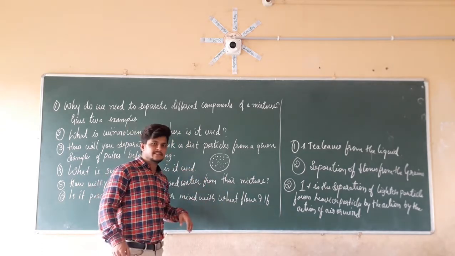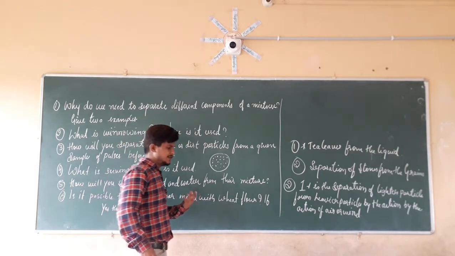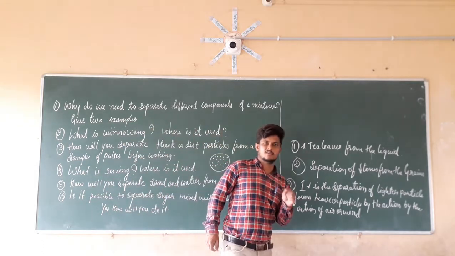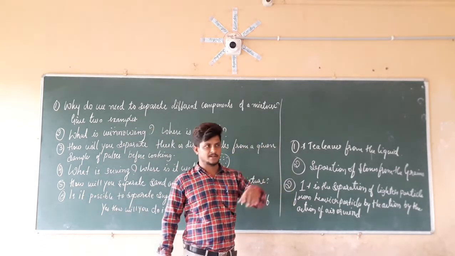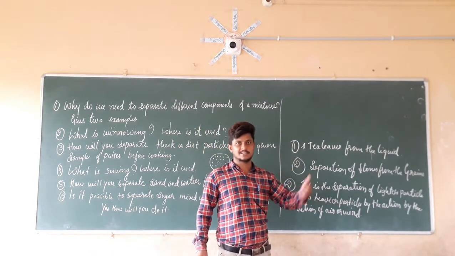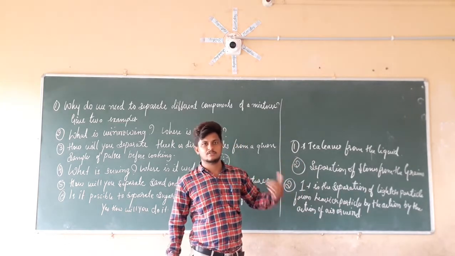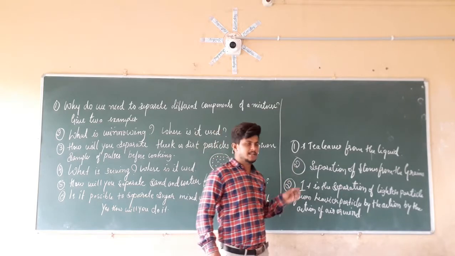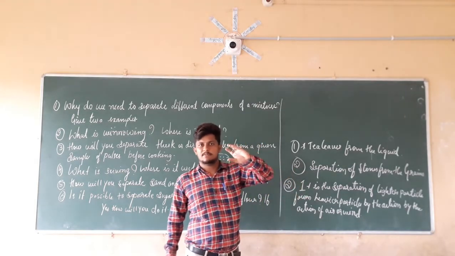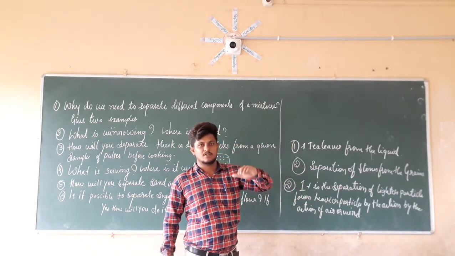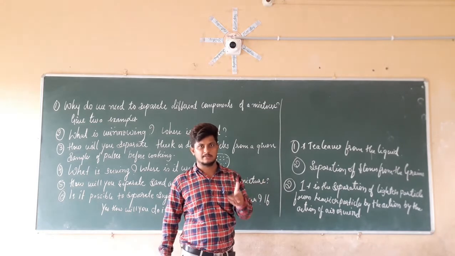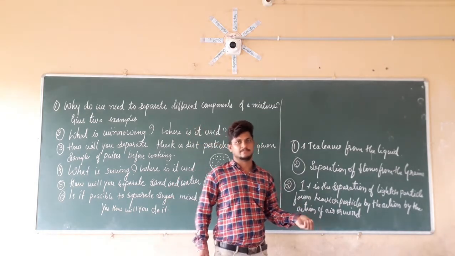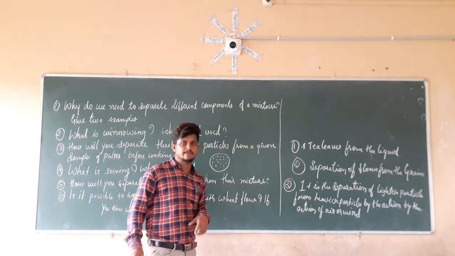Also, while constructing a building, to separate smaller sand particles from larger sand particles, we use the sieving method, so that larger sand particles remain on top and the smaller sand particles collect in a container.